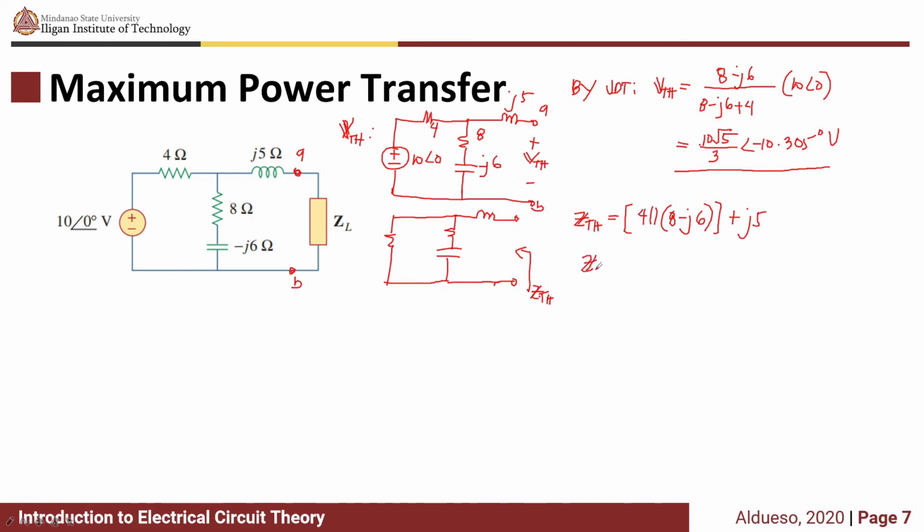We have our ZTH equivalent to 44/15 + j67/15 ohms. Now for maximum power transfer, our ZL would be equivalent to the conjugate of ZTH, so we have 44/15 − j67/15.